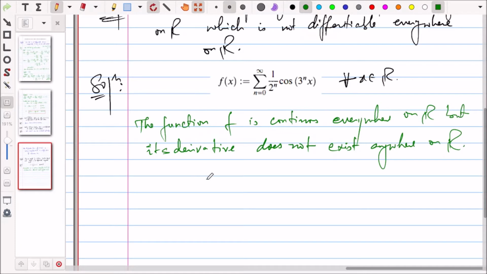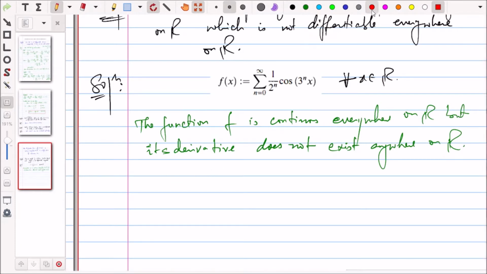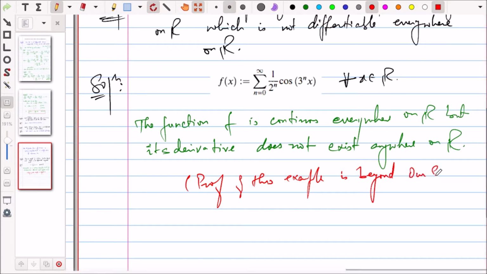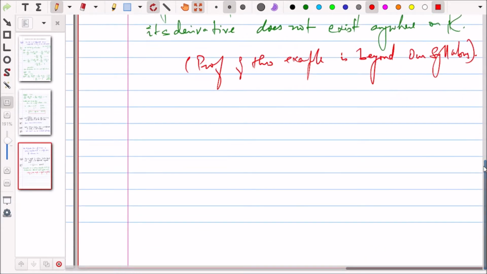Yes. The proof of this example is not in our syllabus; it is beyond us. So you just have to remember this example. In an interview or somewhere else, they can ask you this example. You have to remember it. Fine, everyone? Yes, sir. Okay.